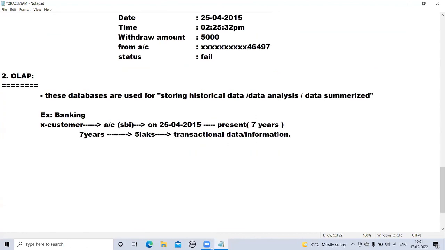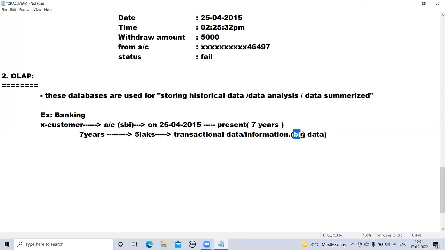So the 7 years of data I want to store, is this small data, or can we say big data? Come on, guys. Yes, definitely, it is very, very big data.